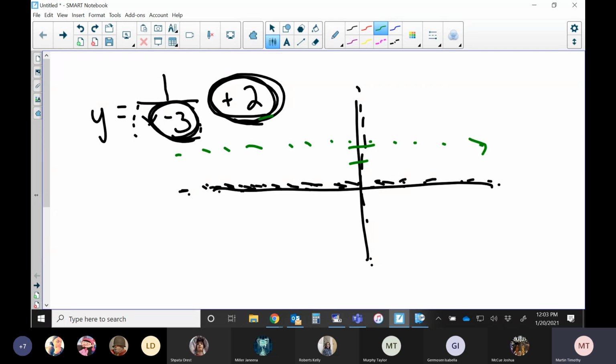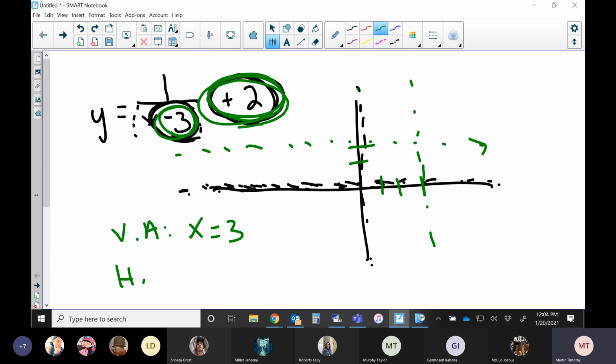This moves the horizontal asymptote up 2. This, which moves things to the right 3, is going to move the vertical asymptote to the right 3. So my vertical asymptote is going to be at x equals 3, and my horizontal asymptote is going to be at y equals positive 2.